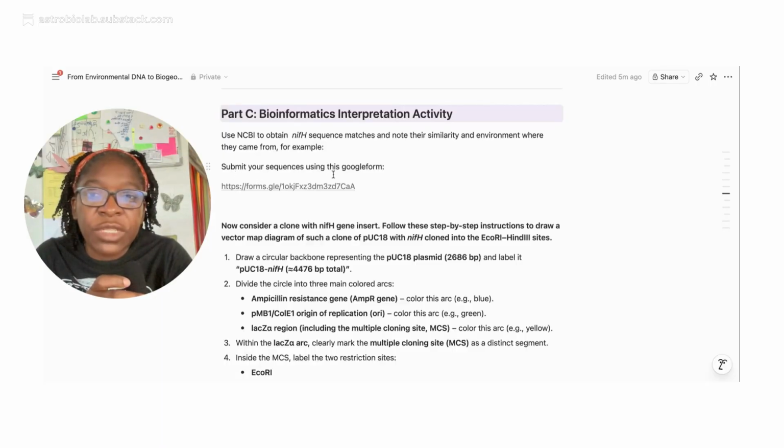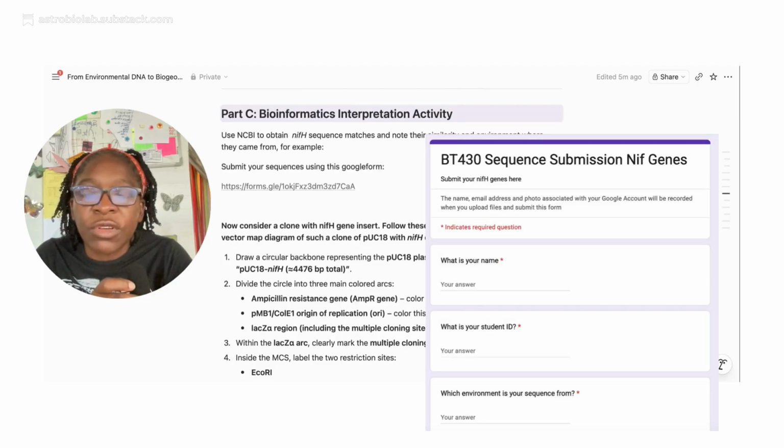And then you submit your sequence using the Google form, which is here. And I think I have it here. I haven't shared this. I don't know if it will show, but the Google form looks like this. So at the end of it, you'll be able to just upload your sequences or paste them and then answer a couple of questions.